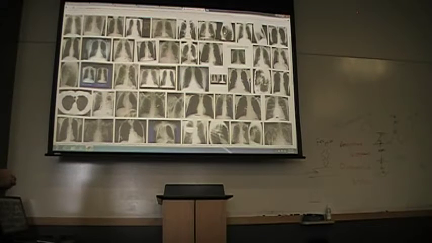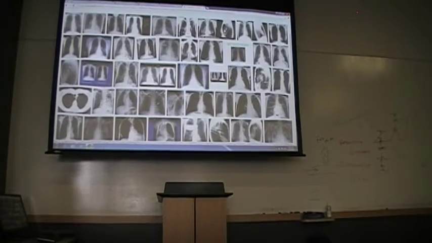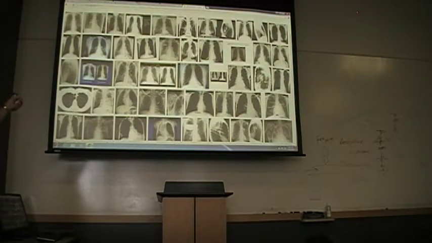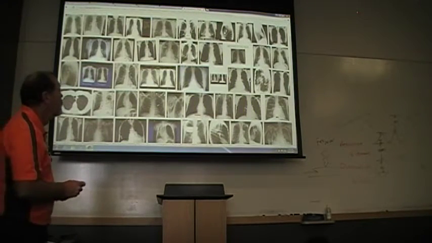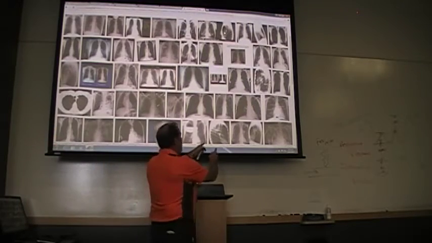I'll just tell you, it's alpha-1 antitrypsin. So you can not smoke a day in your life and end up with a chest X-ray that looks like that. But generally speaking, in 95% of cases, if your X-ray looks like that, you have a smoking history. There's only one diagnosis, alpha-1 antitrypsin, that causes those kinds of changes without a history of smoking.